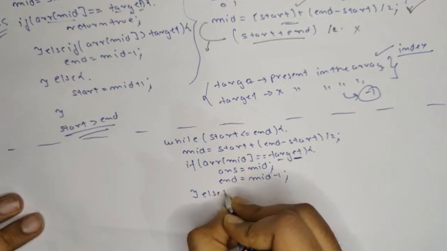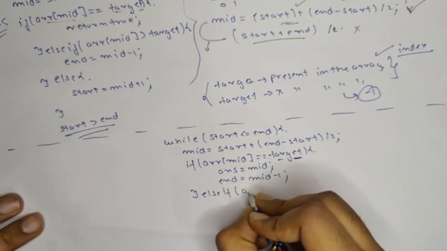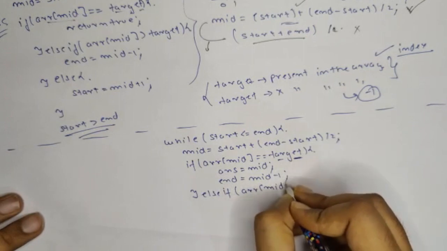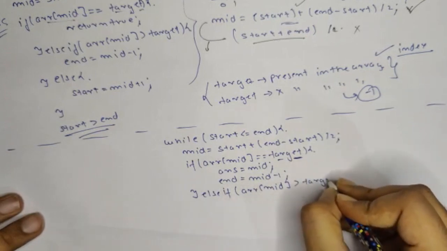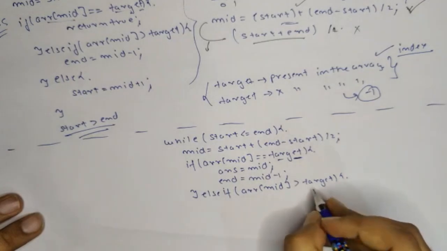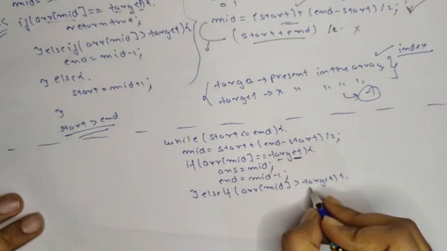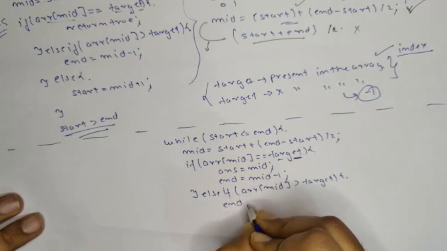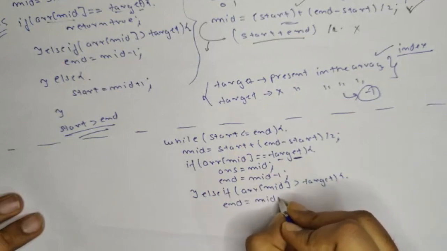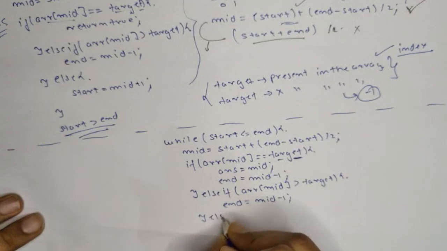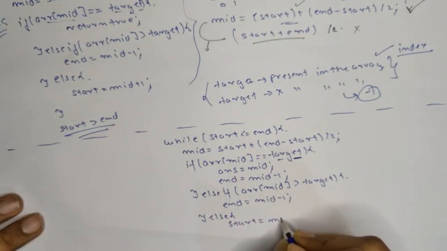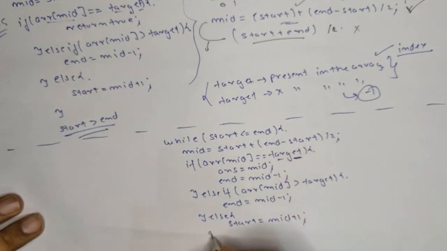Then the second condition: else if ARR of mid is greater than target, it means we have to restrict our search to the first half, so we perform end is equal to mid minus 1. In the final condition, we restrict our search to the second half, so we do start is equal to mid plus 1. And at last we return answer.